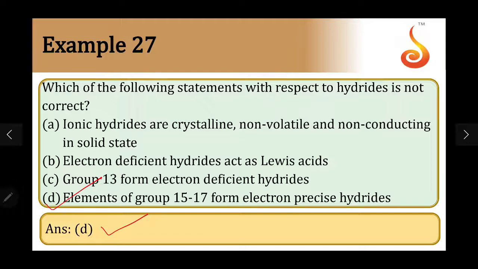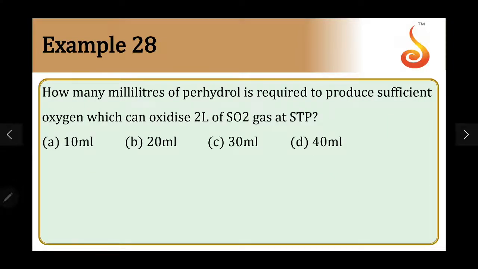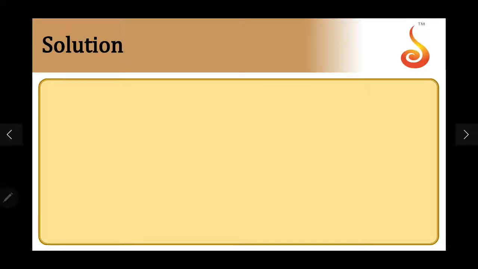Question number 28. How many milliliters of perhydrol is required to produce sufficient oxygen which can oxidize 2 liters of SO2 at STP? If you recollect the meaning of perhydrol, perhydrol is 100 volume H2O2.